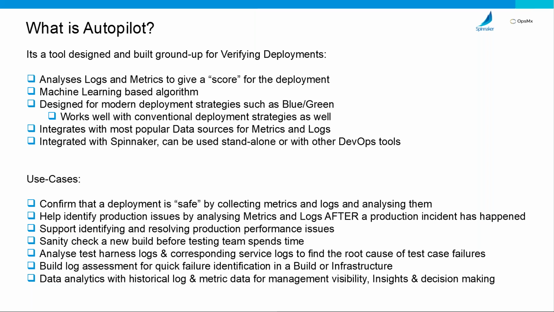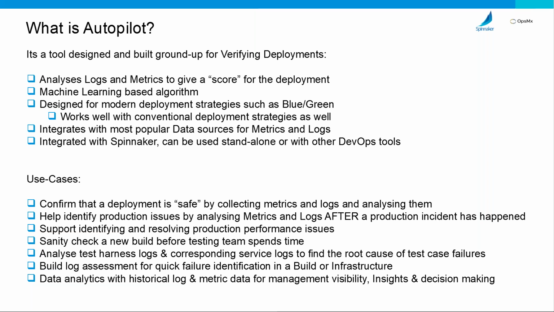Autopilot will catch it straight away because it's monitoring production metrics and comparing them with the baseline set of metrics. It's going to tell you that it's not safe to go ahead. Something is not right, and it'll reduce the score. So it can confirm that the deployment is safe.